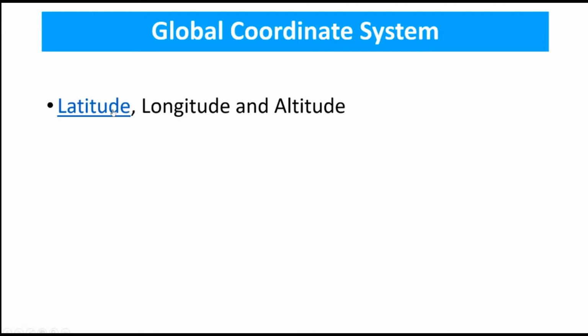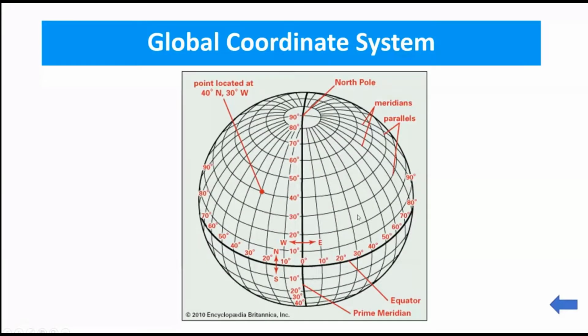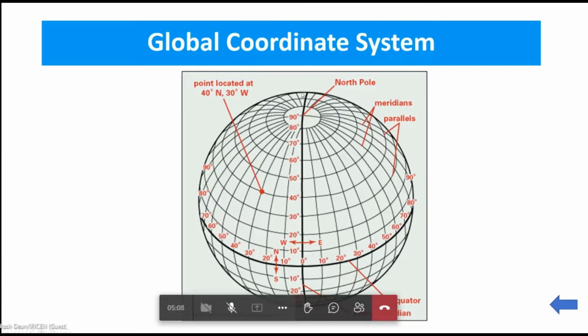In geographical terms, if we want to know the location of any point on the globe, we require longitude and latitude. These vertical lines are longitudes and these are the latitudes.